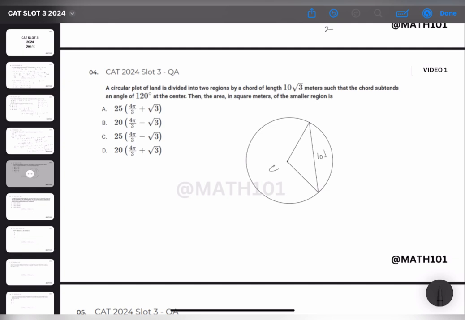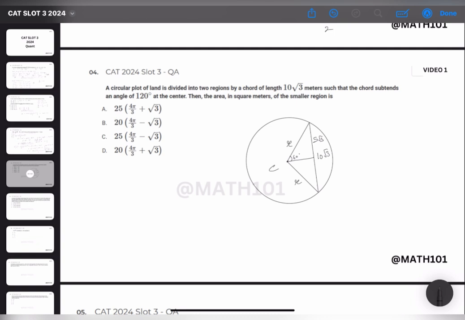Chord is length 10 root 3, and the angle subtended at the center is 120 degrees. So if this is the radius and this is the radius, we will drop the perpendicular from the center, and we know that this will bisect the chord as well as the angle. So this angle becomes 60 degrees and this side becomes 5 root 3.